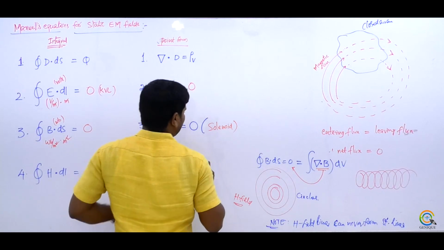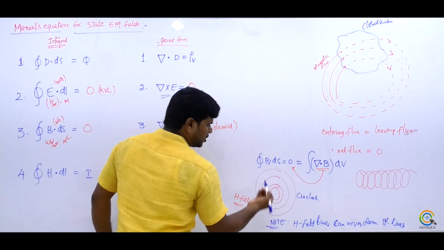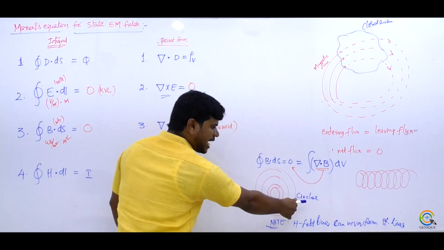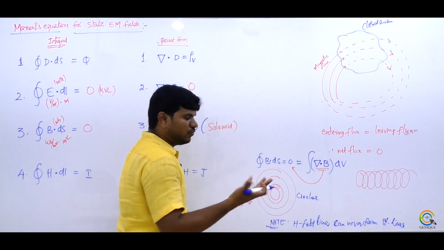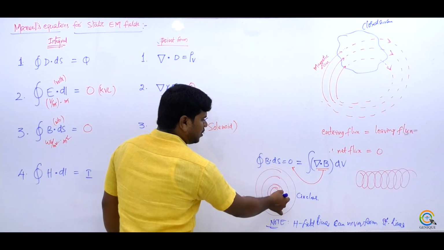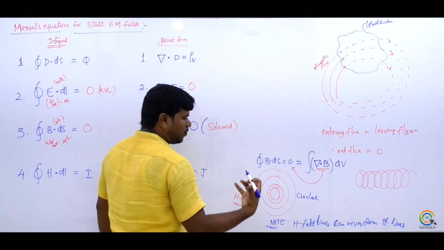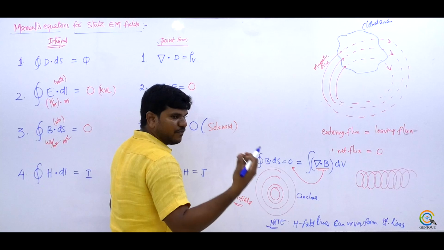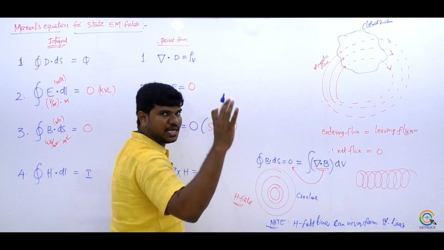For these kinds of fields, if you observe, these are circles. For these circles, can we say where the starting and ending point is? We cannot say the starting and ending point for a circle. So that's why the circle will not have any source and will not have any sink.